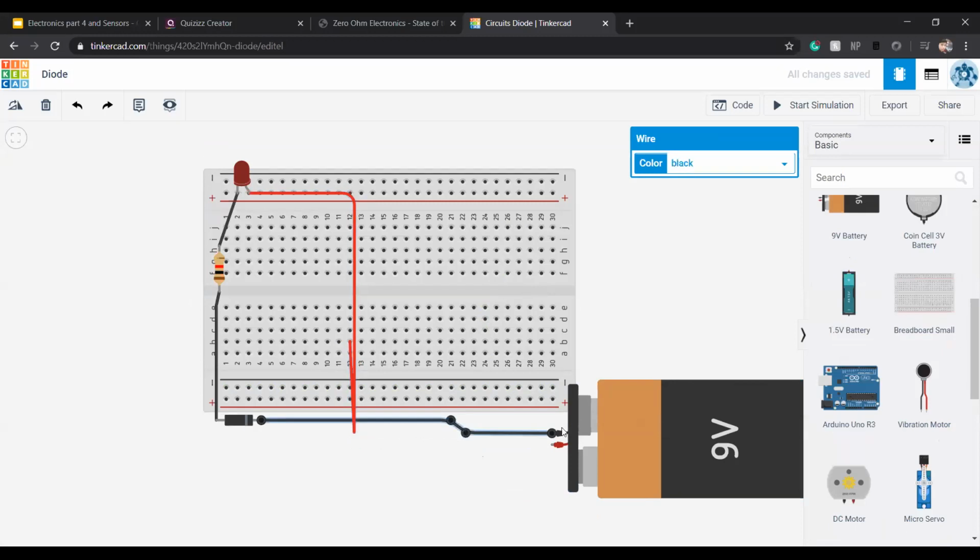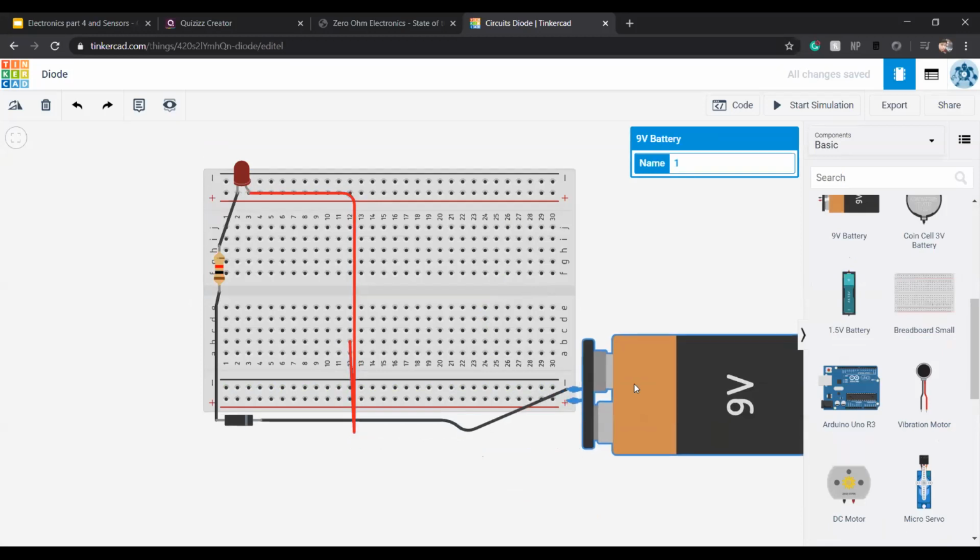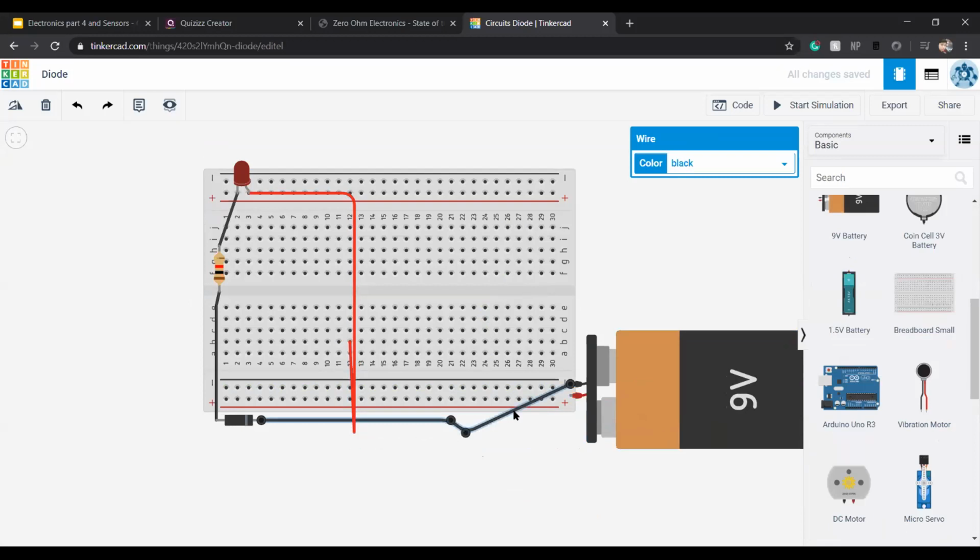We're going to connect this to the power lines. If you guys are saying something, I can't see it right now. Give me a second. Tinkercad is weird. That's the only explanation I have for that.